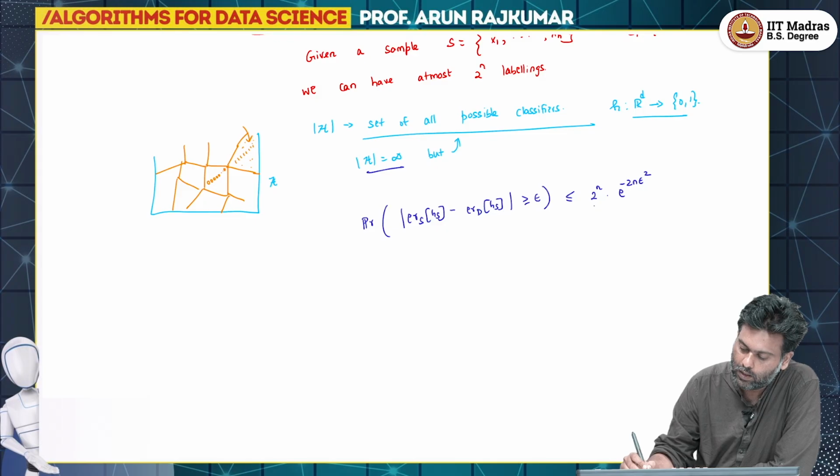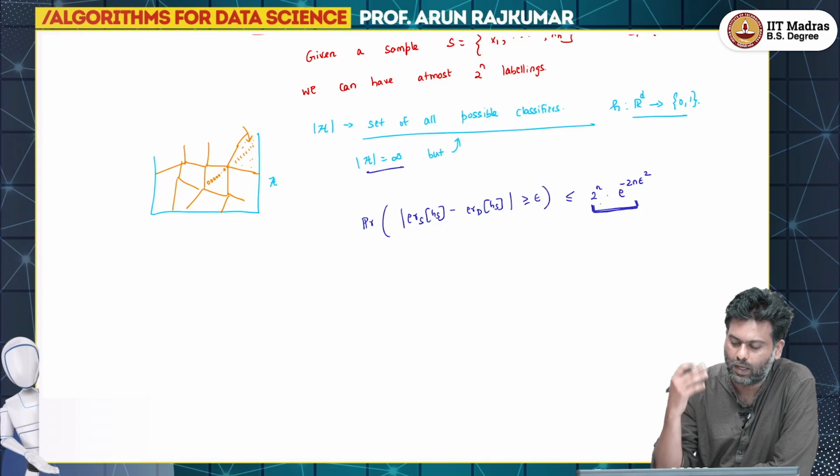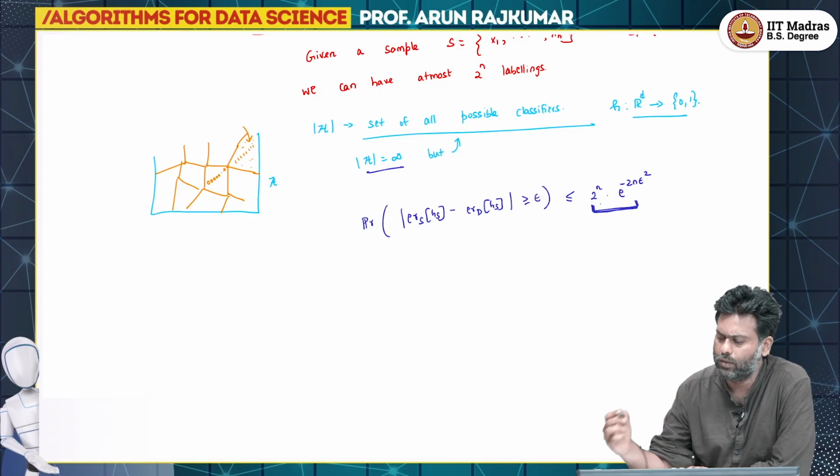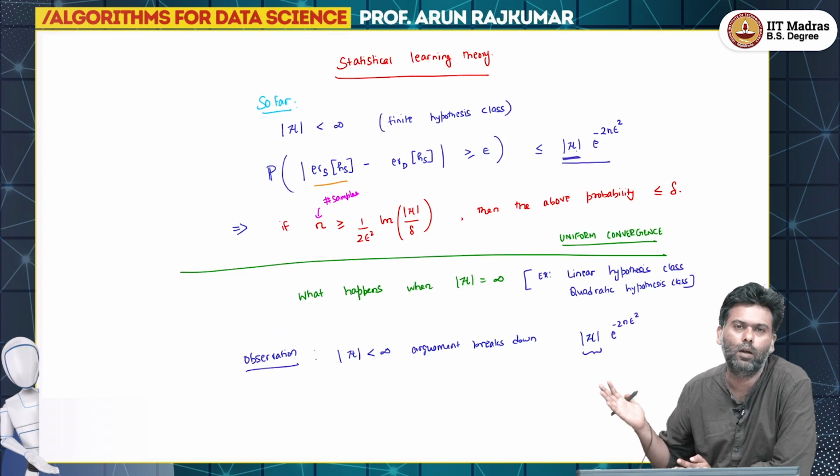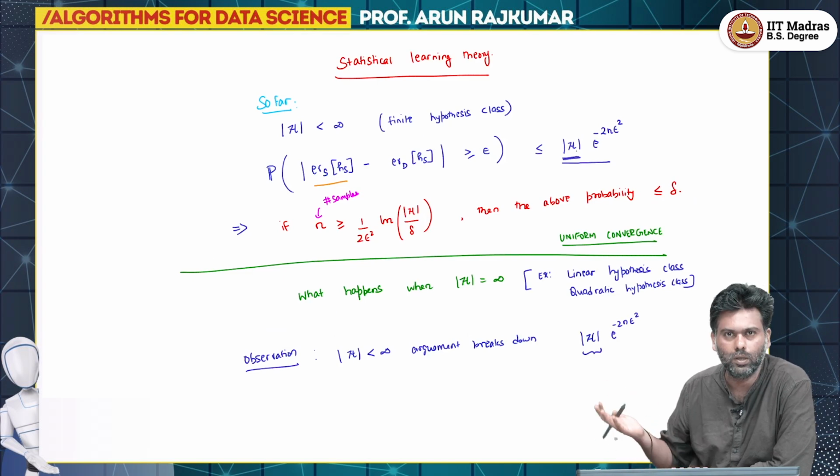But now we can ask what happens to this product as I get more and more samples. In the previous case, this was a fixed number, let us say I had only a finite set of 1000 hypotheses.